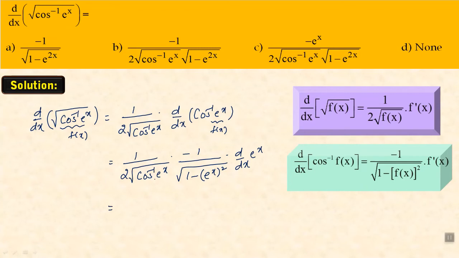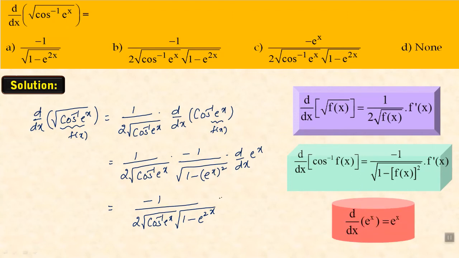This is equals to minus 1 by 2 into square root of cos inverse e power x into square root of 1 minus e power x whole square, that is e power 2x, into d by dx of e power x, which is e power x. This equals to minus e power x divided by 2 into square root of cos inverse e power x into square root of 1 minus e power 2x. Therefore, the answer is option C.